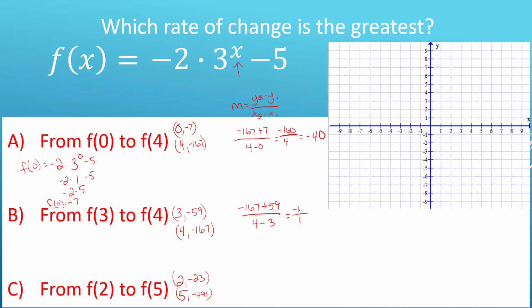Negative 108. Last, we have negative 491 minus negative 23 over 5 minus 2, which is going to be equivalent to negative 468 over 3, which certainly looks like it will simplify to negative 156.